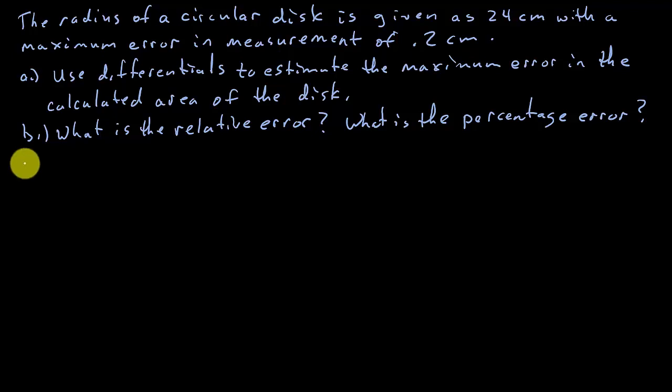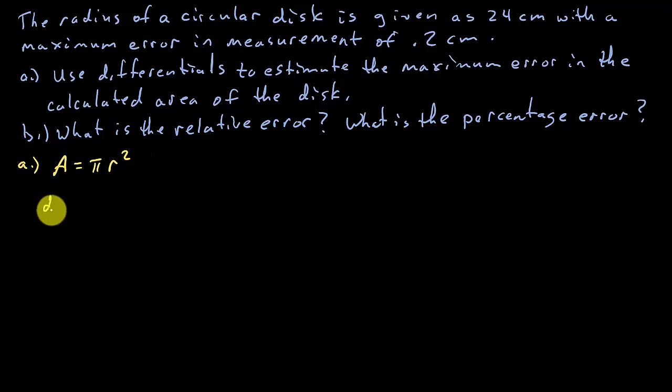For part A, we use differentials to estimate the maximum error in the calculated area of the disc. We know the area is pi r squared, the area of a circle.